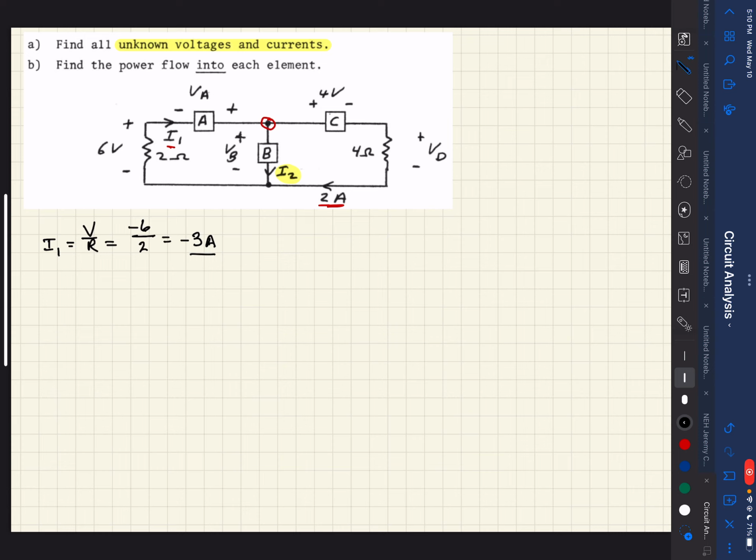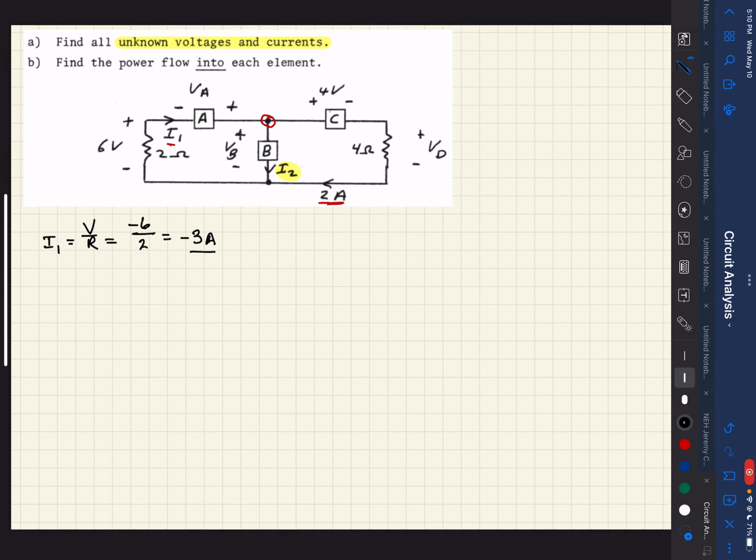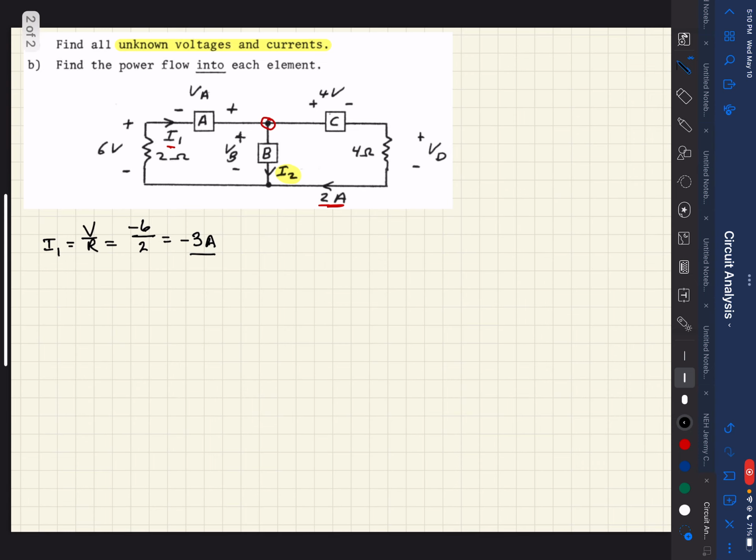What that means is, we're stating all currents are leaving, so that's the positive direction. So I1 plus I2 plus I3 has got to equal 0. Remember, that's Kirchhoff's law. In this case, being that we've defined the direction out from the node, I1 would be positive 3, because it is actually going out from the node.